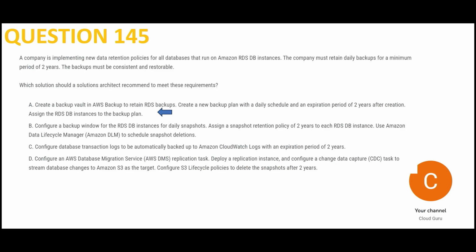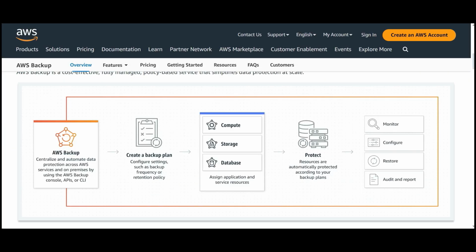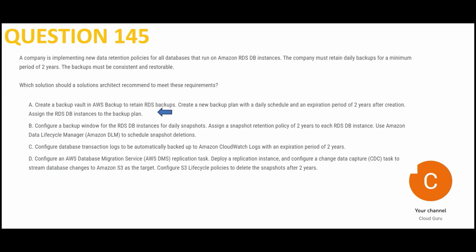So option A is our answer. We will make use of AWS Backup. You can create a backup plan, and for compute, storage, database, you can protect it also. Okay, and then you can monitor, audit, and so on. So this is our final answer.